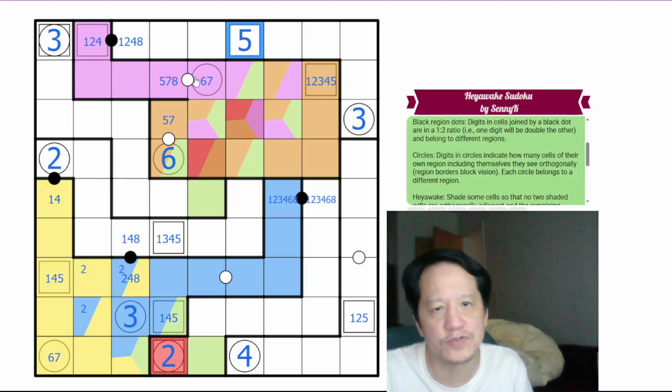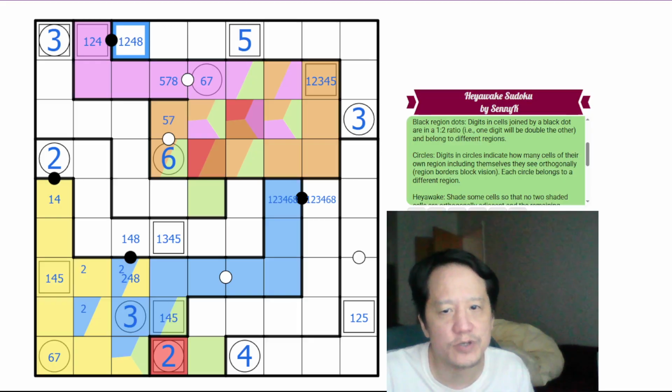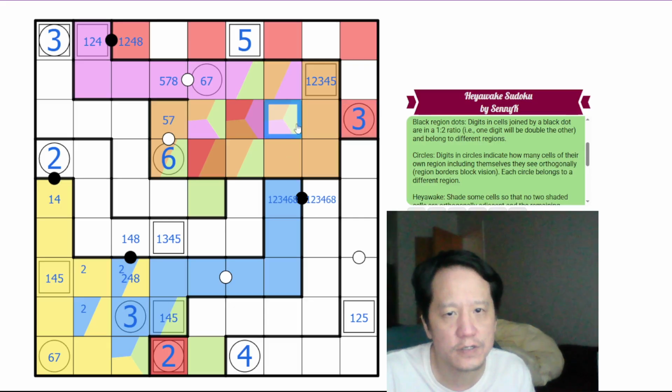So say this was 5. Then this would have to be shaded, shaded, shaded, shaded, and shaded. These would all be unshaded. Oops, not red, green.